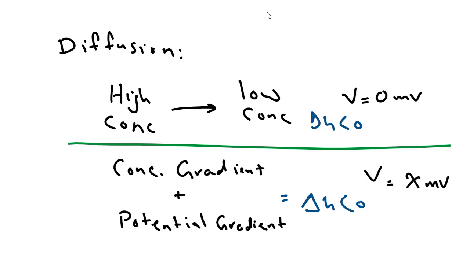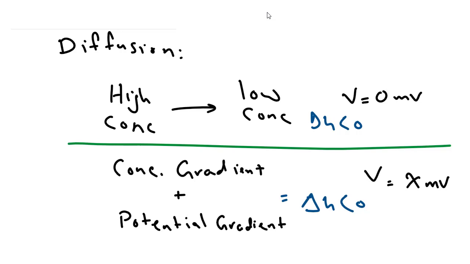And that covers every scenario. If you don't have a potential on the membrane, then you're just moving from higher concentration to lower concentration, and this is going to happen spontaneously and has a delta G less than zero.